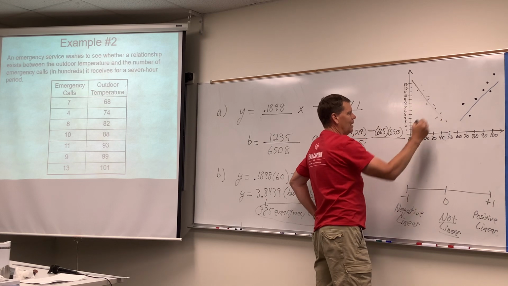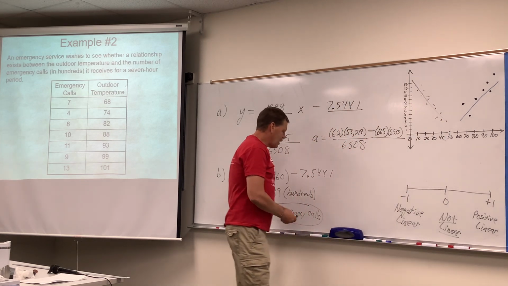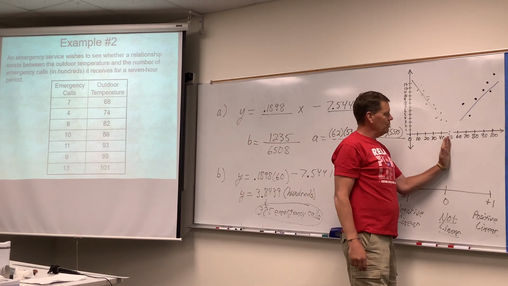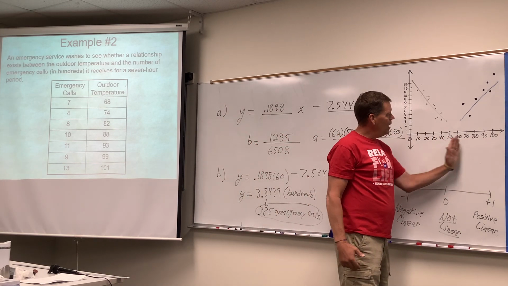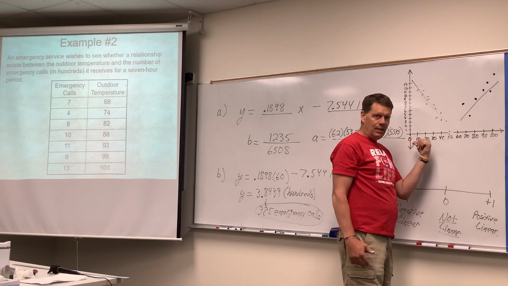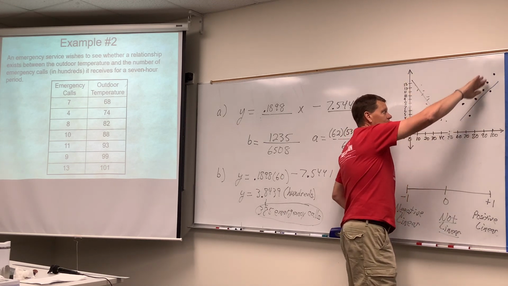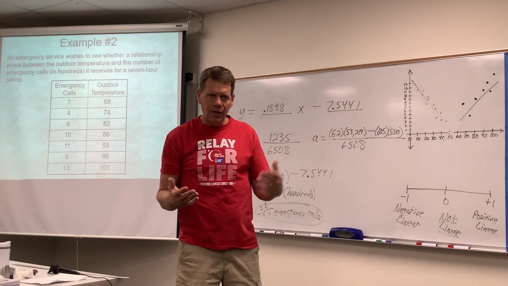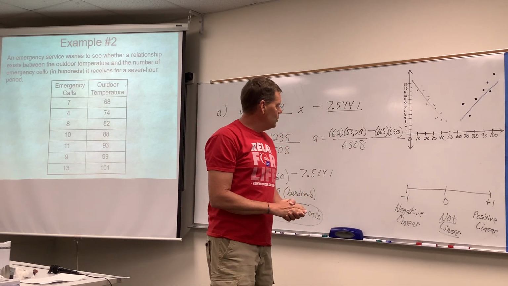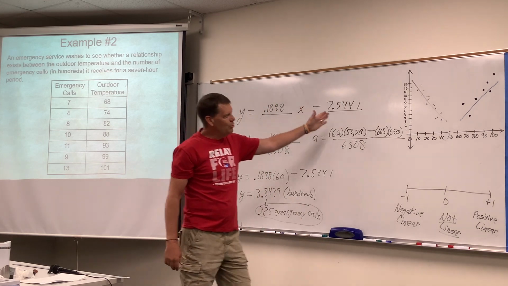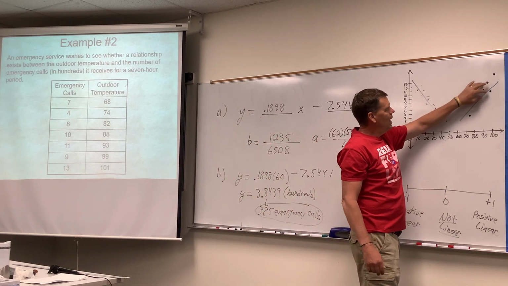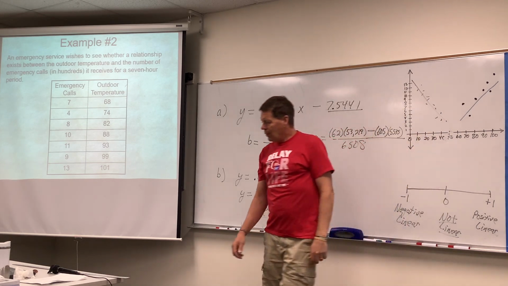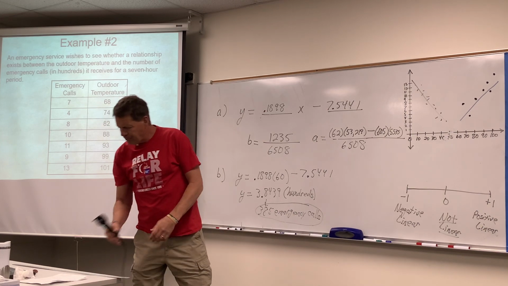And we would have had a line that looked like that. And so there would be a couple of options a person could do. You could either build one equation for temperatures above, I don't know, say 50, and a different one for temperatures below 50. Or you could build one equation, a curvilinear, as they call it, for all temperatures. But you wouldn't probably want to use this mathematical model for every temperature because the data collected did not represent cold temperatures, did it? Okay, so that's the end of that.